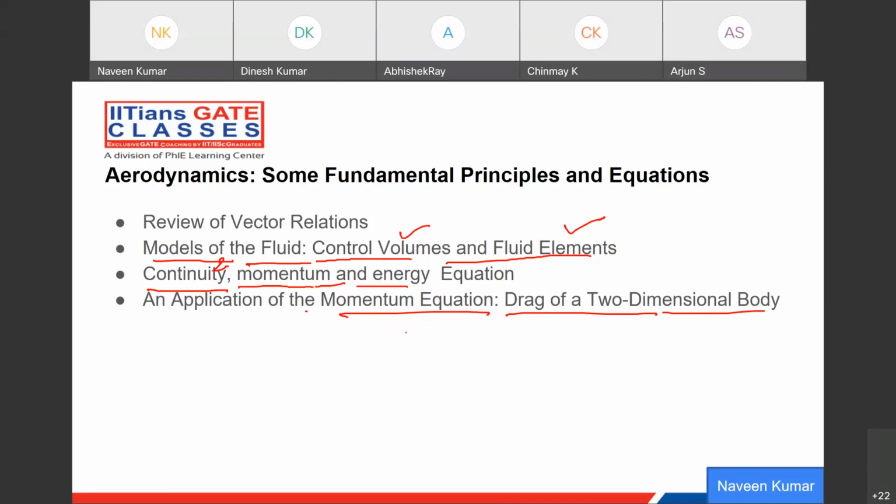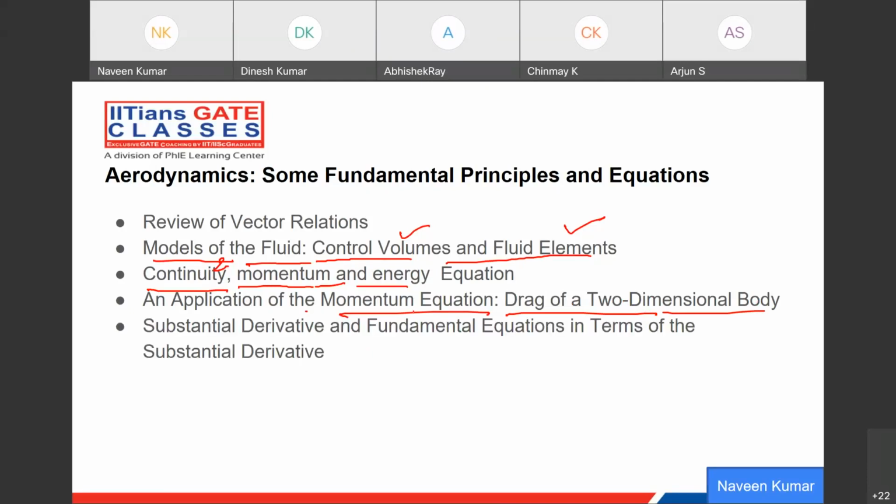So first of all, we will understand how to apply the momentum equation. Then we will understand some questions, and then you can easily solve that numerical that came in GATE. Then we will cover the substantial derivative and the fundamental equations in terms of the substantial derivative. All these fundamentals I'm giving for starting the actual aerodynamics.